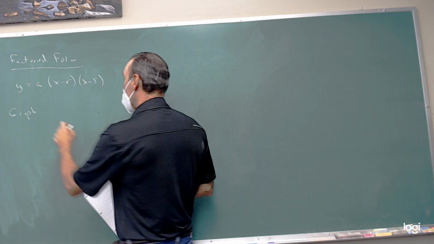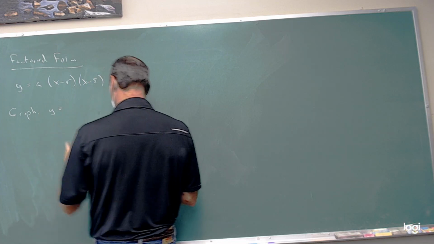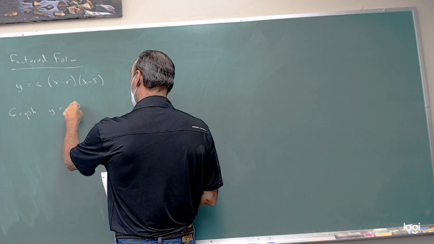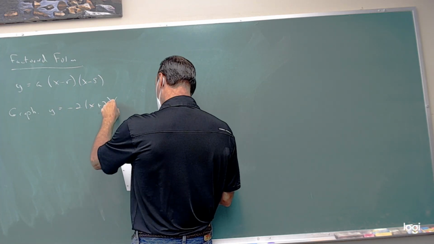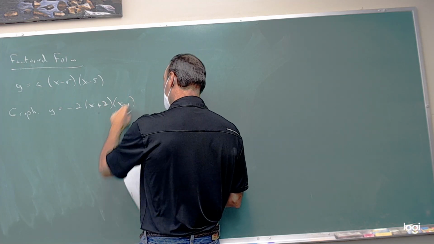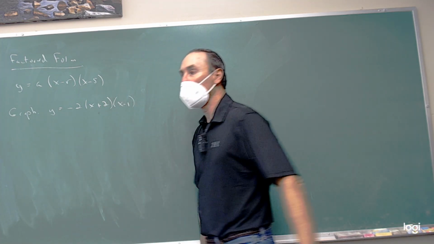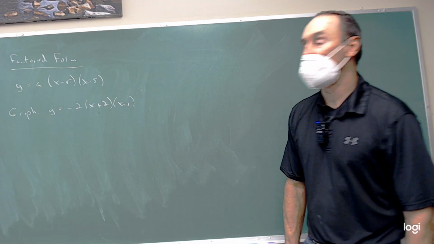So I'll do an example here: graph y equals negative 2 times x plus 2 times x minus 1. Now we're still looking for all of those things that we always do when we graph.